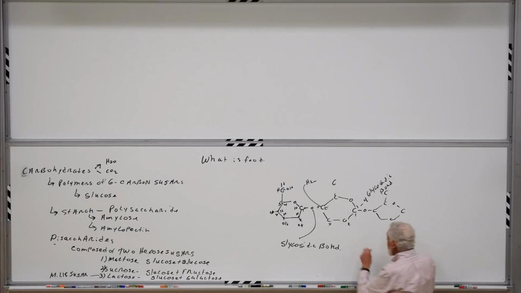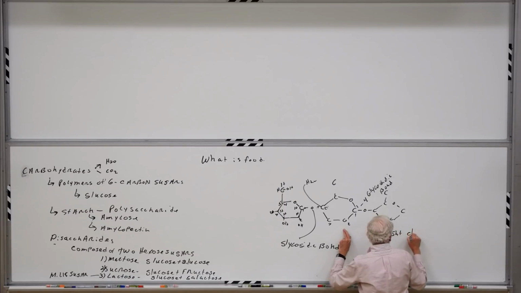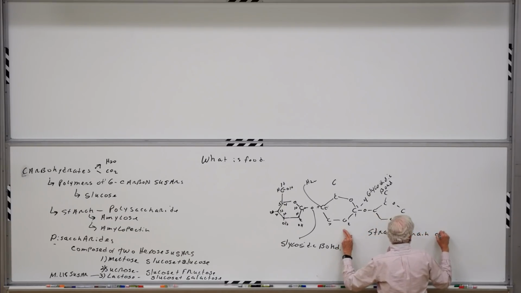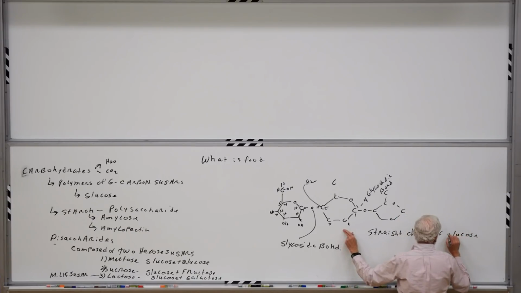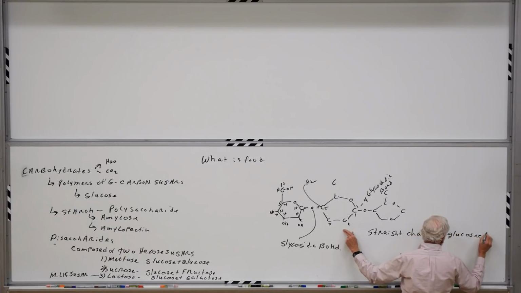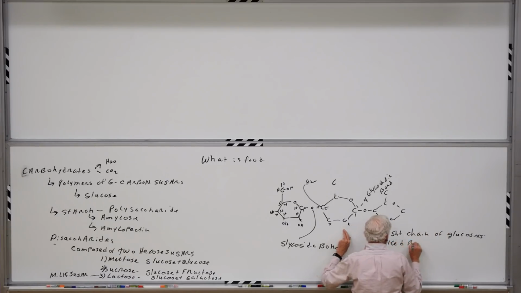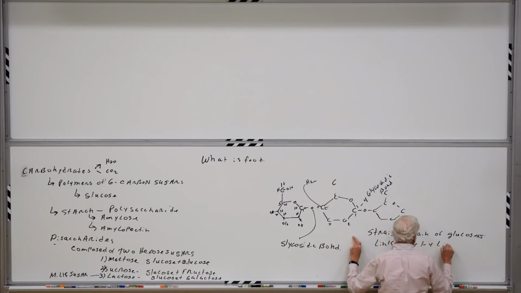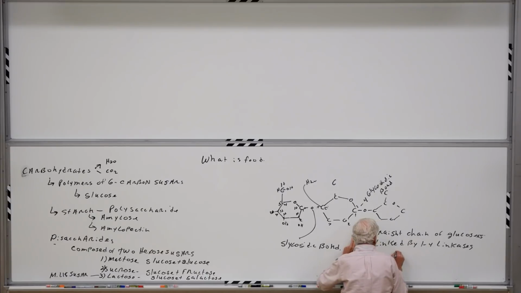If this is a straight chain of glucoses, a straight chain of glucose linked by 1,4 linkages, we're going to see that this is in fact a molecule of amylose.